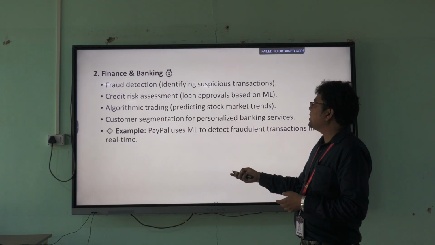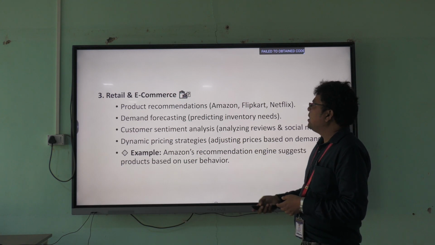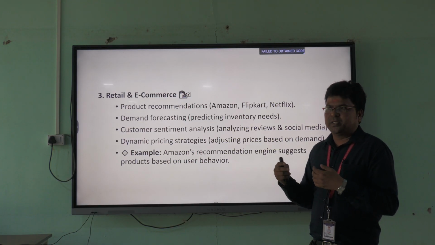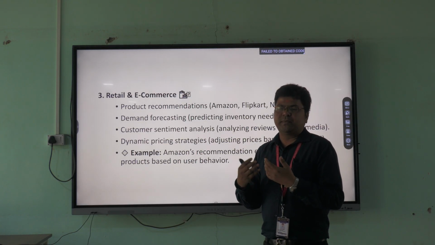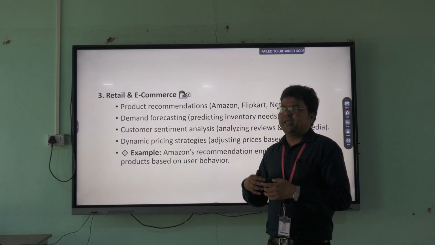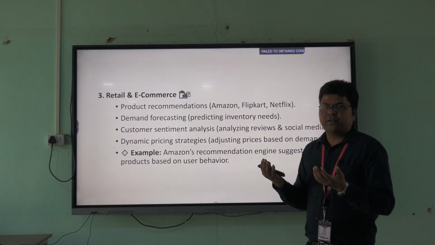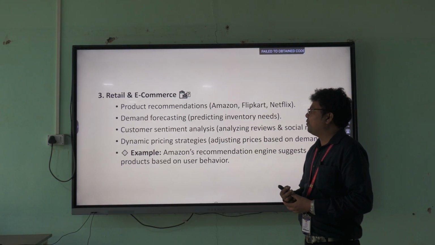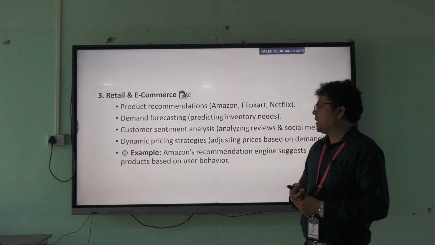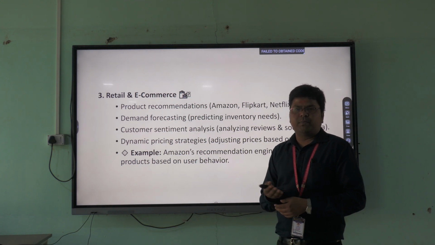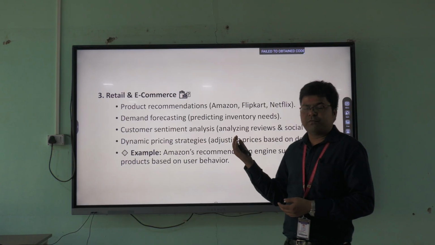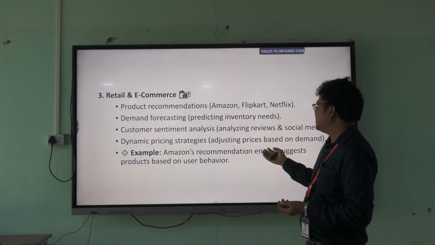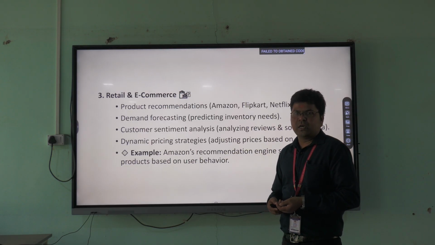And the next one is retail and commerce. In retail and commerce, we mostly use data science projects to predict customer satisfaction, sentiment analysis, which goods are selling very fast, product recommendations, demand forecasting, and dynamic pricing strategies. We know that the very popular Amazon and Flipkart websites use product recommendation engines that suggest products based on user behavior.